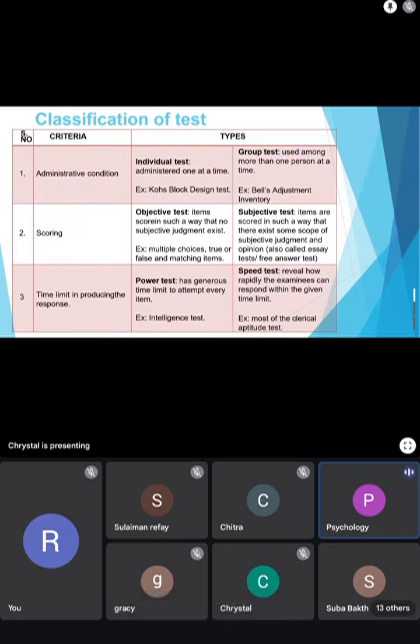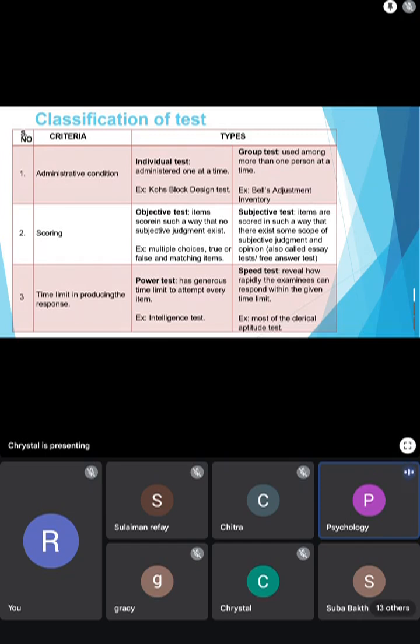The examples given in a text are multiple choice, true or false, matching items, all these things. These are objective tests. And subjective tests are where the individual is assessed based on the creative pattern and the expressing ability of the person.